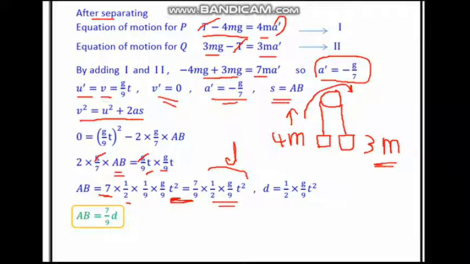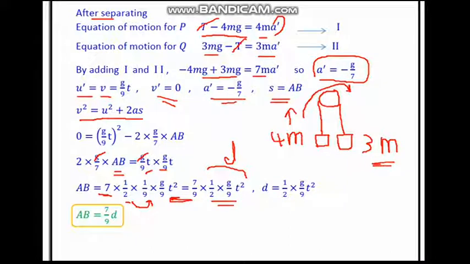It's okay, t squared, and g over 9 is still the same. And we get the form half multiplied by g over 9 multiplied by t squared, which is d. And still we have 7 multiplied by 1 over 9, which is 7 over 9. So AB equals 7 over 9 d.